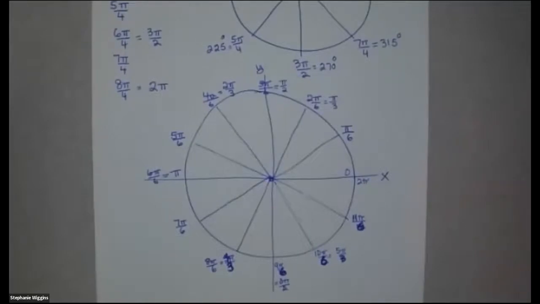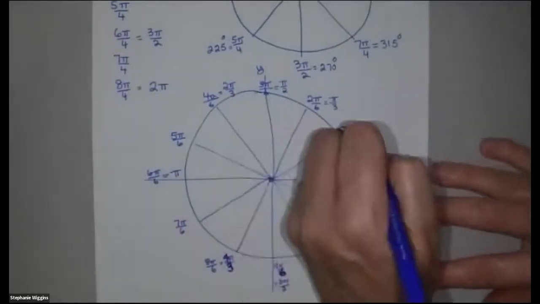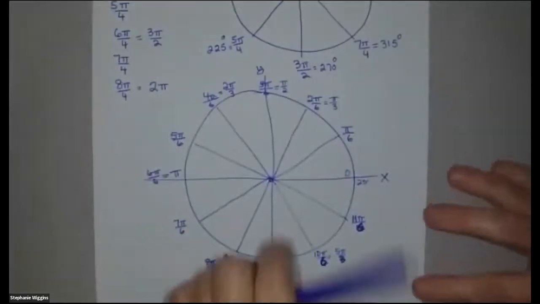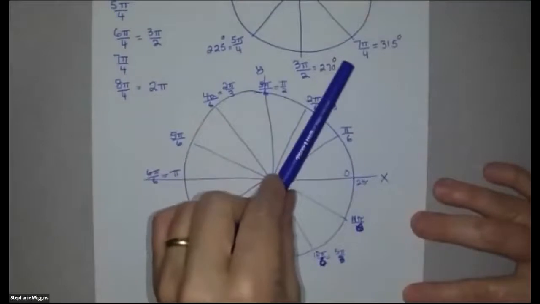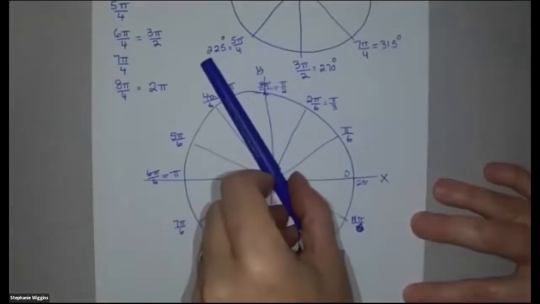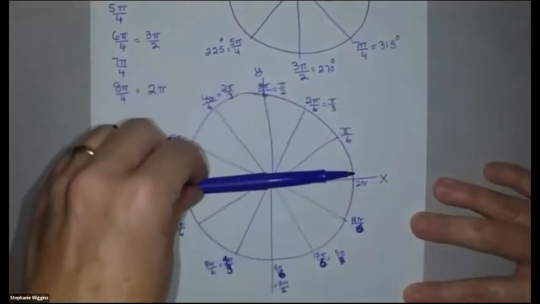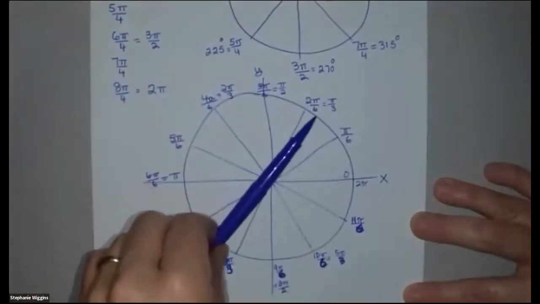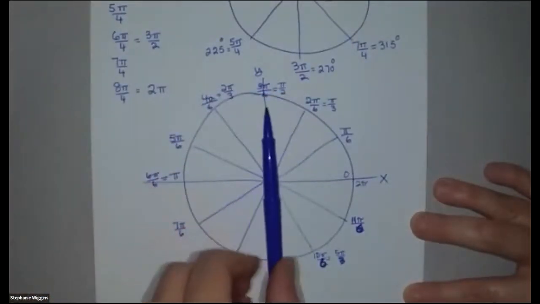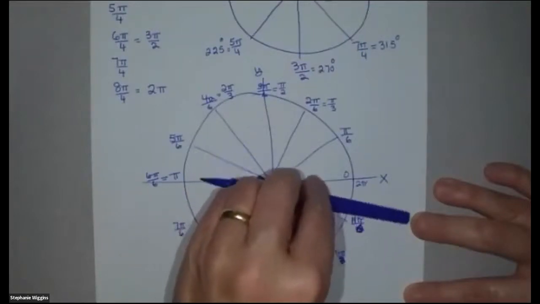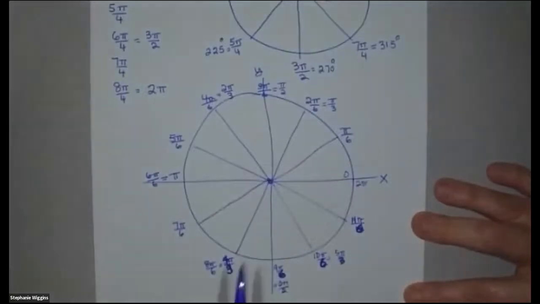So then if you want to do it in degrees, this becomes multiples of 30, right? Each pi over 6 is 30 degrees. So we have 30, 60, 90, 120, 150, 180. And then we've got 210, 240, 270, 300, 330, 360. Okay?